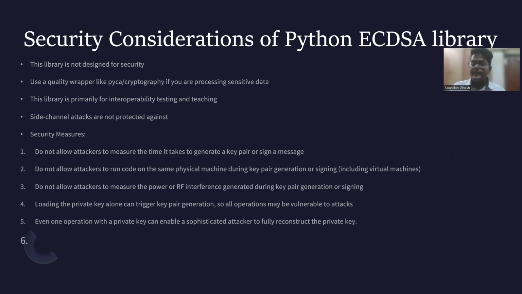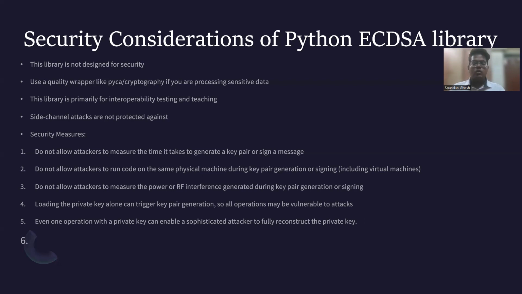Now, how can we as users or programmers be secure while using this library? We should not allow attackers to measure the time it takes to generate a key pair or sign a message. We cannot allow attackers to run code on the same physical machine during key pair generation or signing.